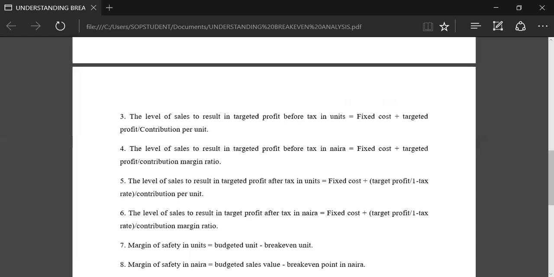And when we want to determine the level of sales to achieve a particular target profit in Naira, we still add that target profit to the fixed cost and divide by the contribution margin ratio.